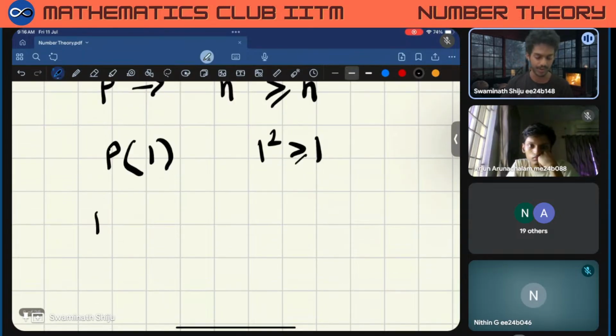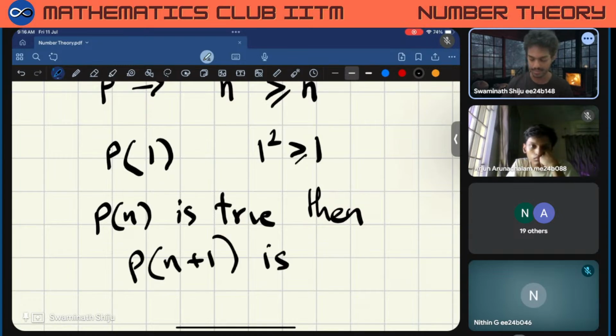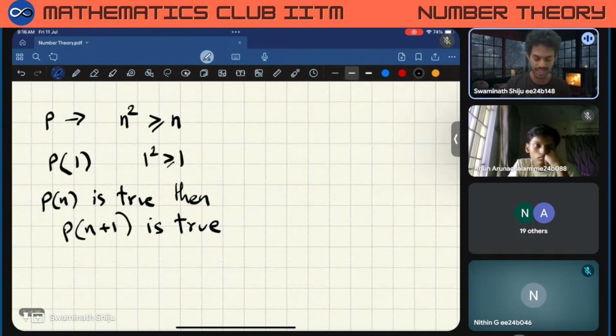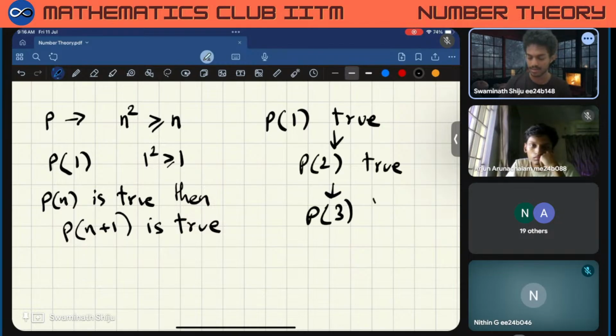And then I proved to you that if Pn is true, then Pn plus 1 is true. So you can see a chain of implications forming here. We know P1 is true. That means P2 is true. That means P3 is true. And you can keep going like this.